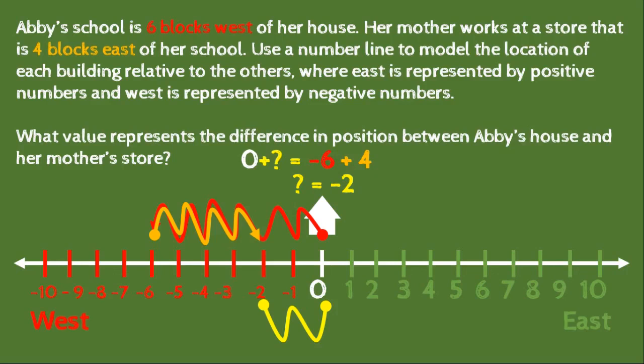Right now we don't know, equals from -6, which is her school, plus 4, which we knew that we moved to the east to her mother's store, and from -2, how much do we need to move from her mother's work to her house, which would be -2. From 0 to -2, or 2 units to the left, is her mother's work. And that is the correct answer.